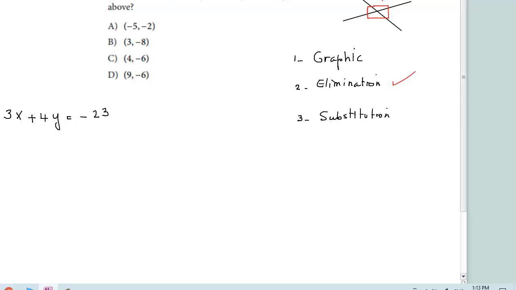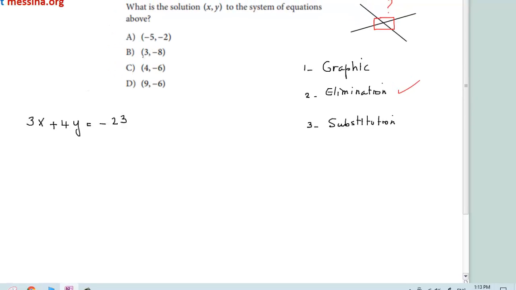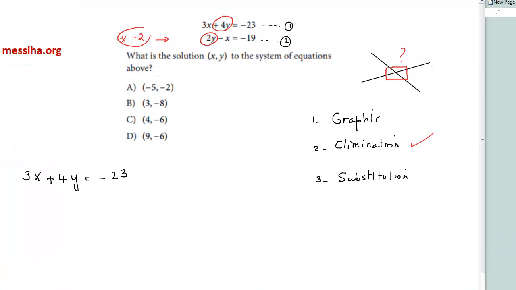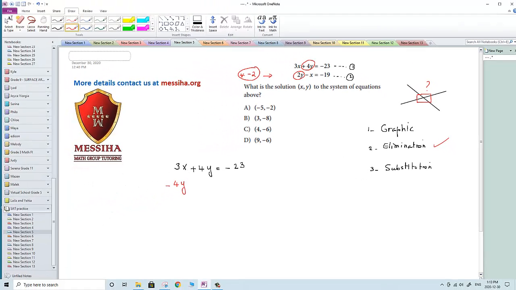Now, what do I need to force in equation 2 to make it negative 4y? I don't want positive 4y, I need negative. That means I need to multiply all terms by negative 2. This is what is going to give me negative 4y. So negative 2 times 2y gives me negative 4y.